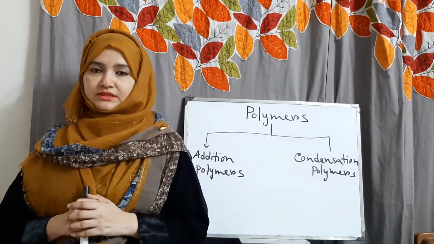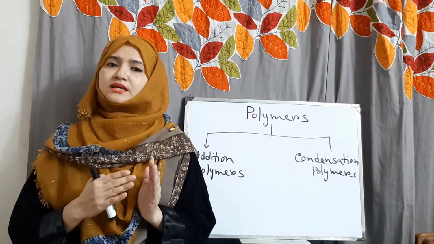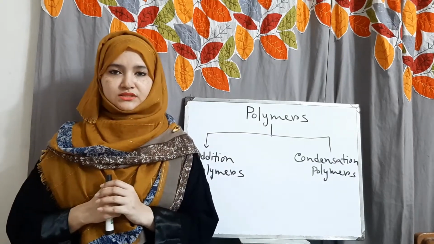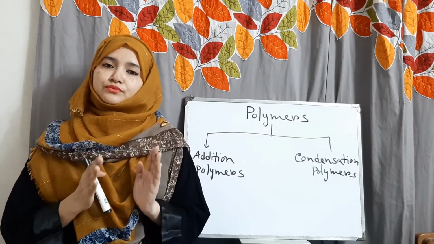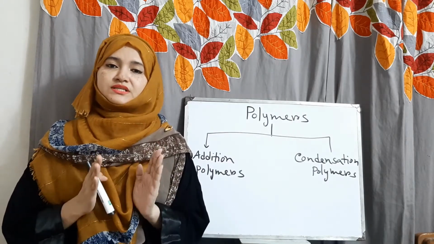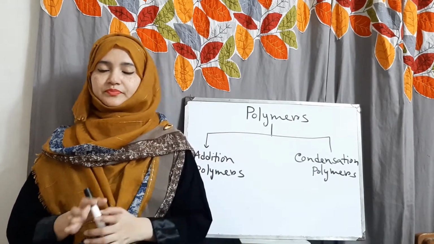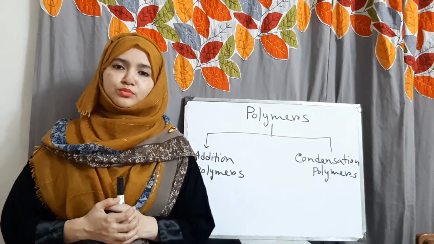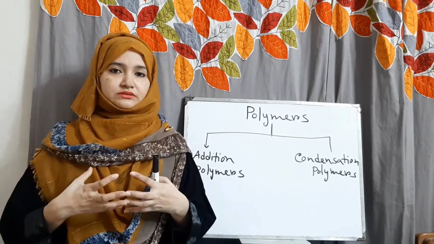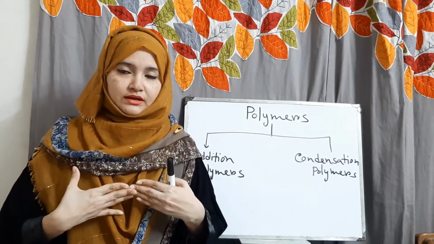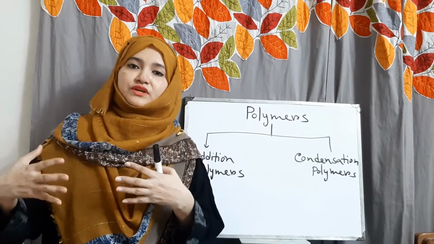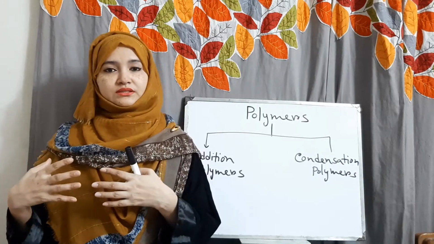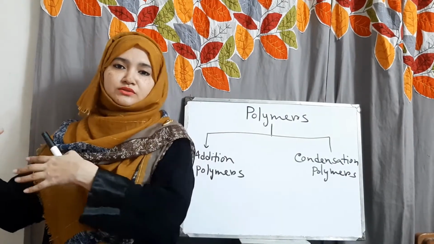Addition polymers are produced by addition polymerization. That's why we have to know what addition polymerization is. It is a chemical reaction in which the monomer units are joined together directly, without losing any part of it, that means without losing any atom from it, and form a large chain molecule.